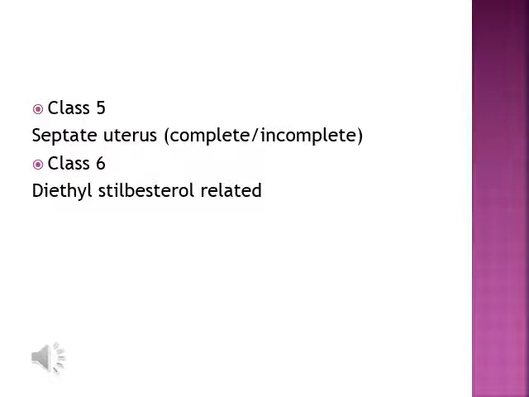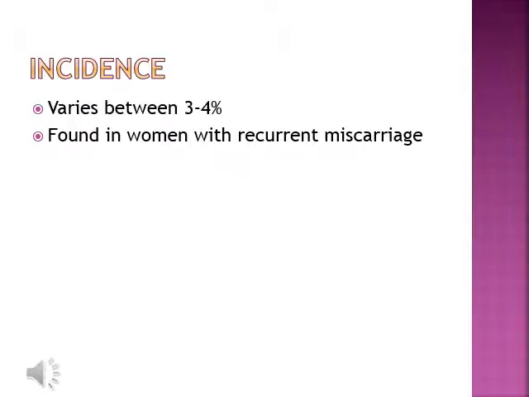Next is class 5, which is septate uterus, and the septum can be complete or incomplete. And the last one is class 6, where the anomaly is mainly due to the diethylstilbestrol treatment.